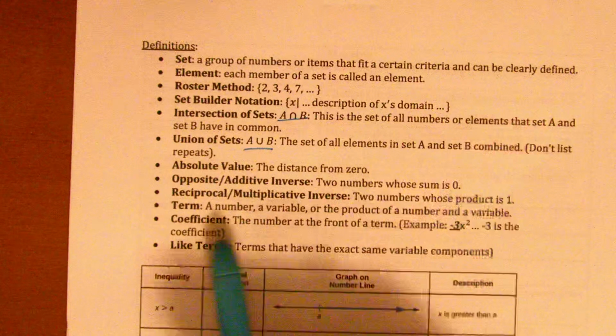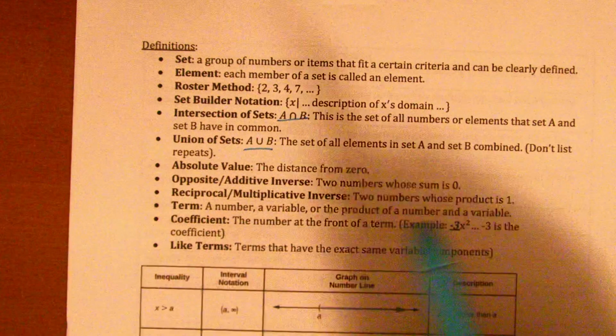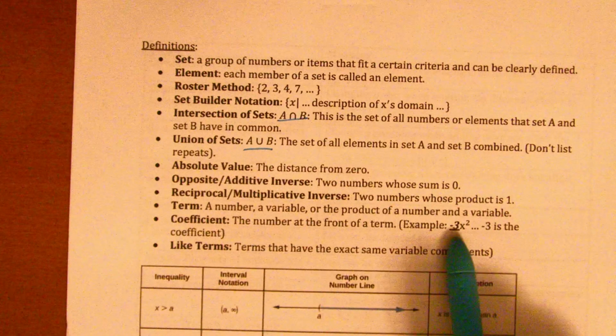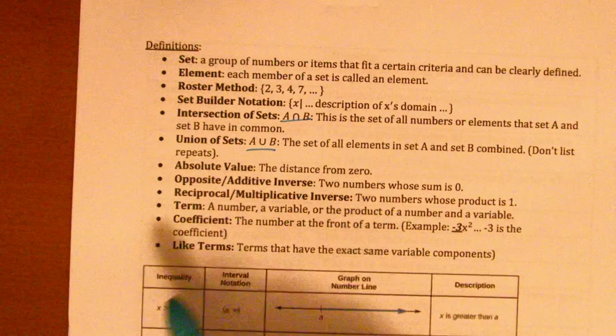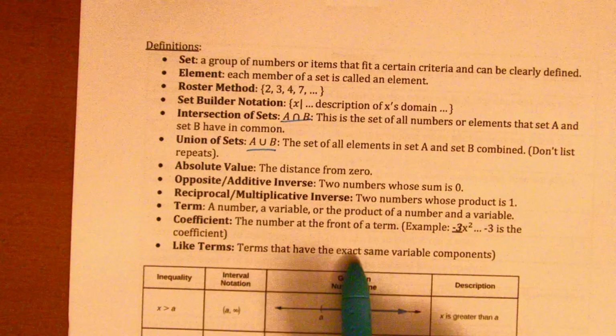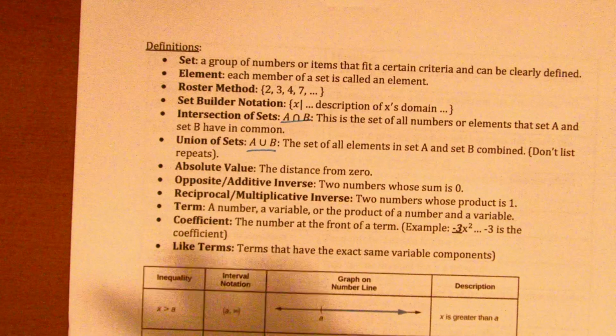A term is just a number, a variable, or the product of a number and a variable. The coefficient, in an example like -3x squared, is -3. And then like terms are terms that have the exact same variable components, so the same variable and the same exponents.